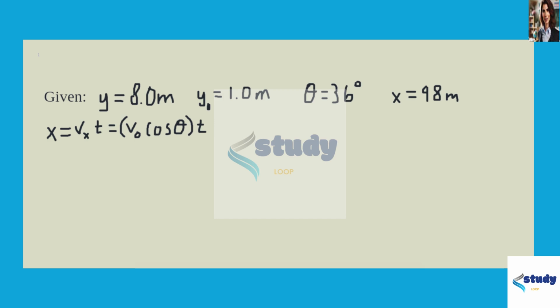So what other equations do we have which also include theta, include time, and include other values which we have? Maybe we can use those to solve for time in terms of things we do know, and then in turn solve for v naught. Well, we know that y is equal to y naught plus the initial velocity in the y direction times the time plus 1/2 the acceleration in the y direction times the time squared.